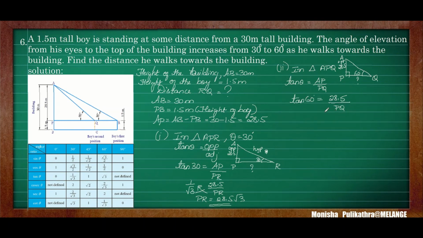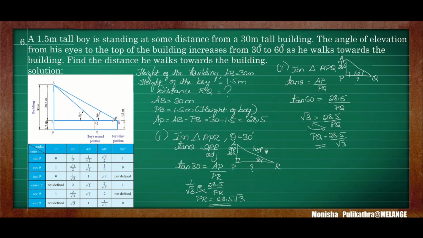According to the chart, tan 60 is root 3. So root 3 is equal to 28.5 by PQ. We have to interchange this, so PQ will become 28.5 by root 3. Now we have got PR, the whole value: PR is equal to 28.5 root 3, whereas the PQ value is 28.5 by root 3.